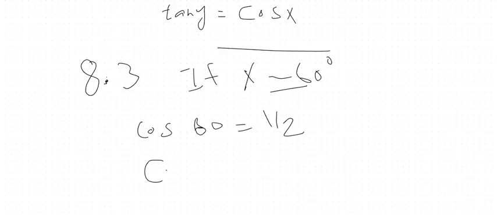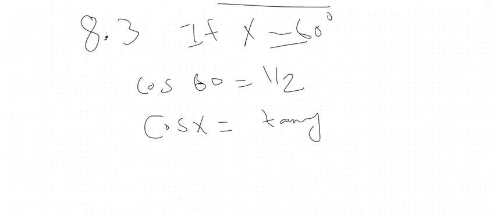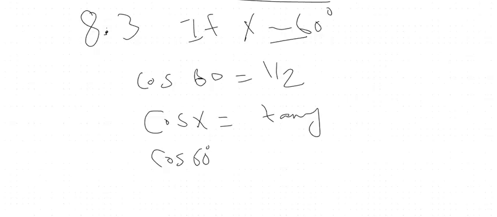So I'm just putting the values of cos 60 degrees equals tan y, and it is 1 by 2. We got tan y, and I just have to find out the value of y.